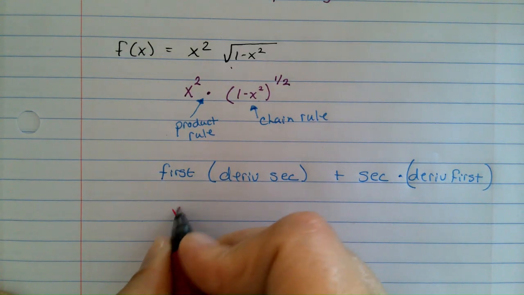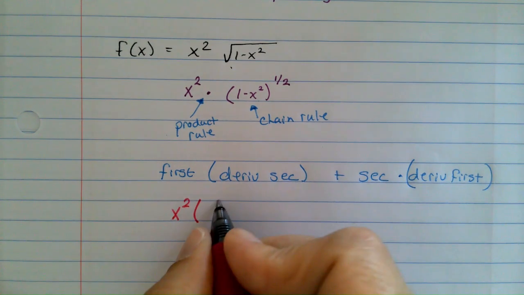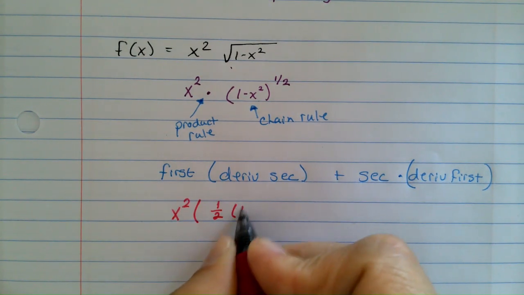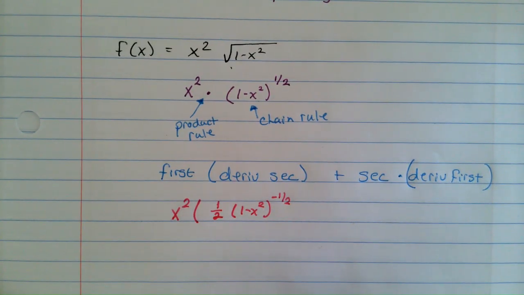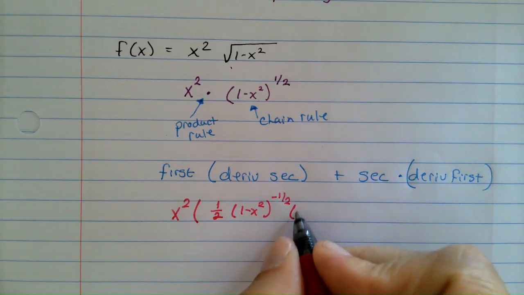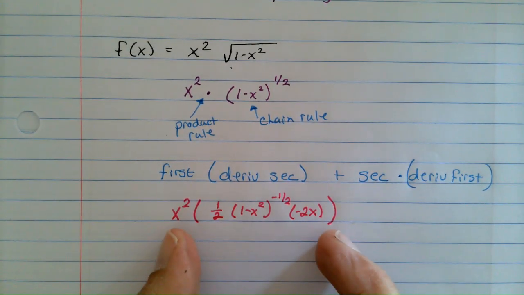So first, that's the x squared, multiplied. The derivative of the second, that's that chain rule, so 1/2, 1 minus x squared to the negative 1/2, because I did the power. Now I'm going to multiply by the derivative of the inside. Okay, so this whole thing was the derivative of the second.